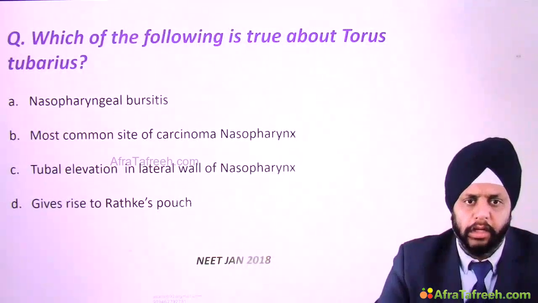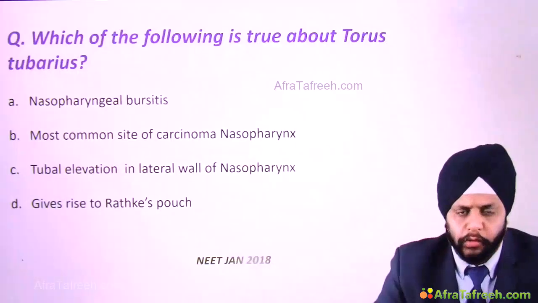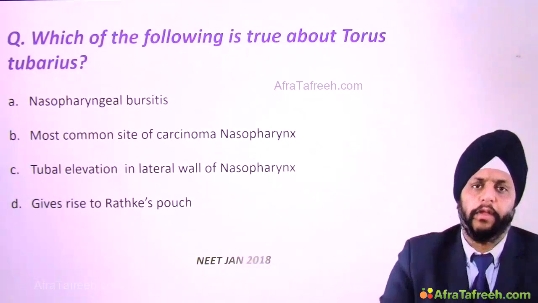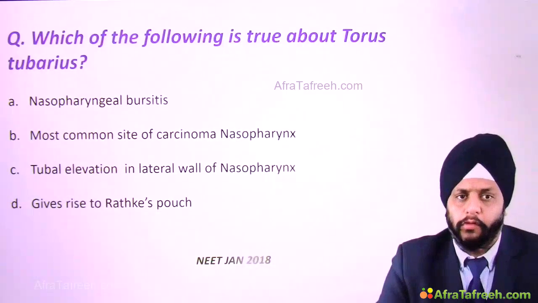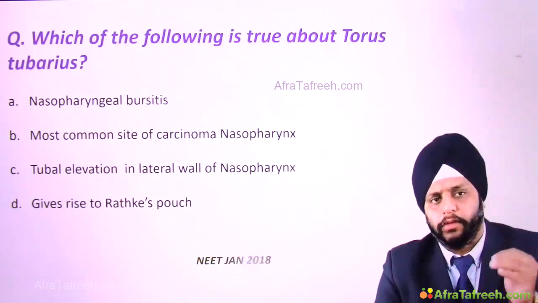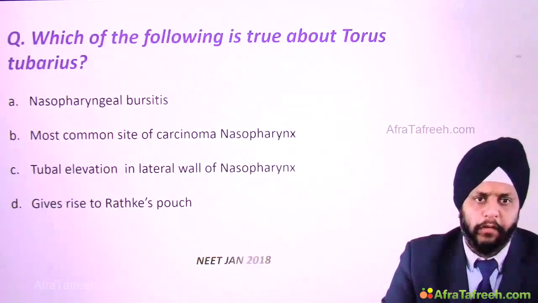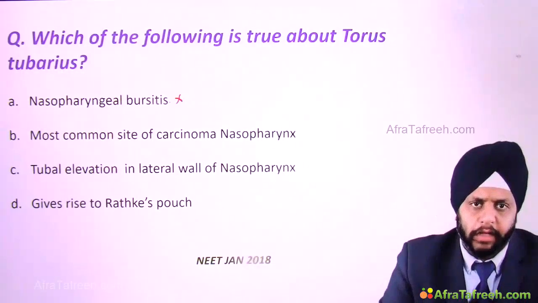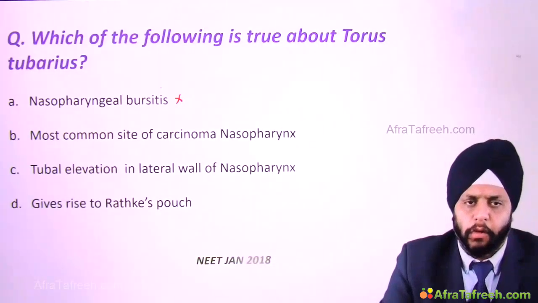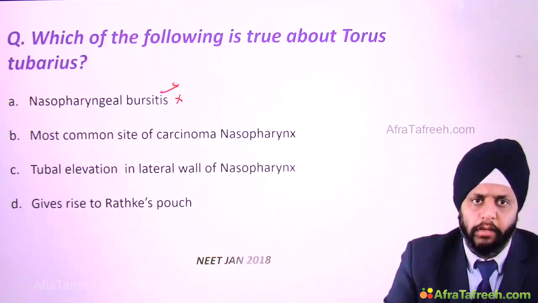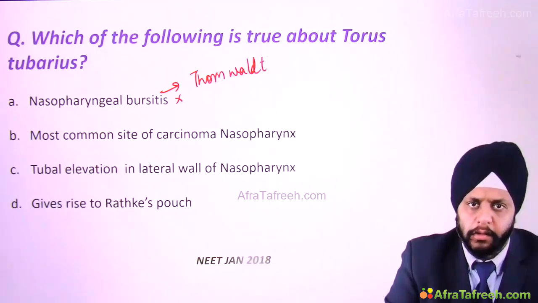The next question was again asked in the NEET January 2018 exam. Which of the following is true about torus tubarius? What is torus tubarius? It's a bulge of the eustachian tube, the cartilaginous end of the eustachian tube. Nasopharyngeal bursitis, no, that's not the correct answer. Nasopharyngeal bursitis is known as Thornwaldt's disease.